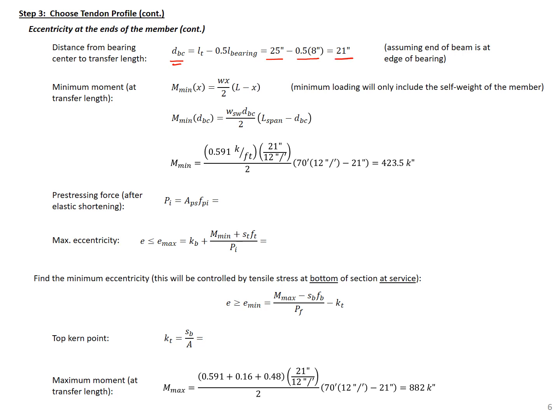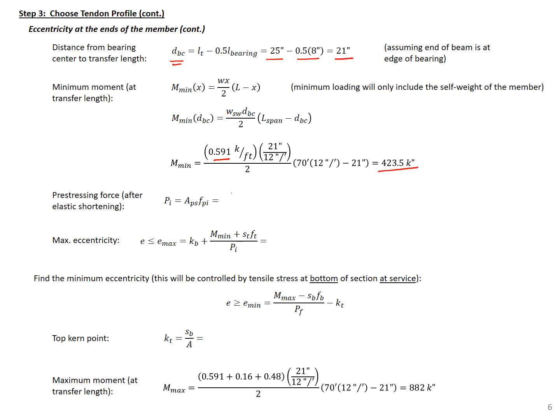We can then use this distance to figure out our minimum moment, so our moment just from our self-weight at our transfer length. We can find that to be 423.5 kip inches. Next, we're going to need to figure out our prestressing force after elastic shortening, so at the end of transfer.